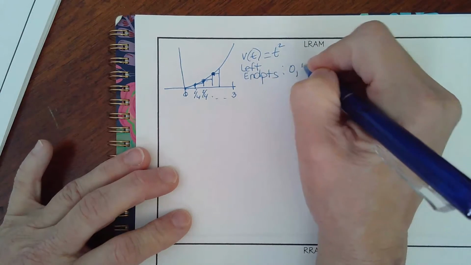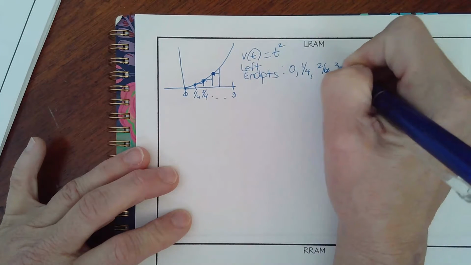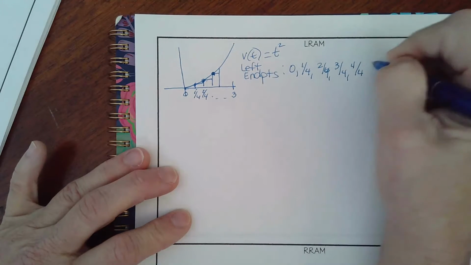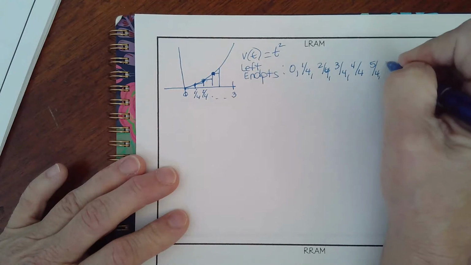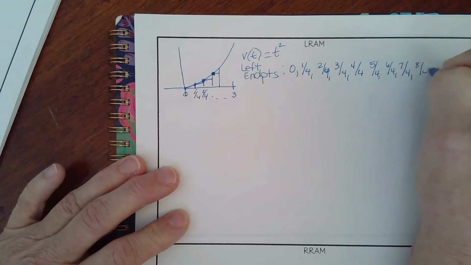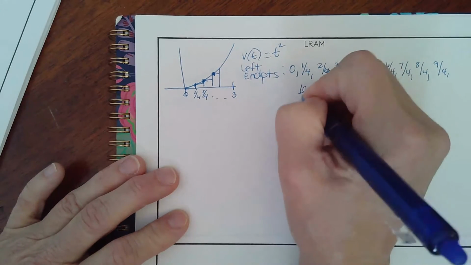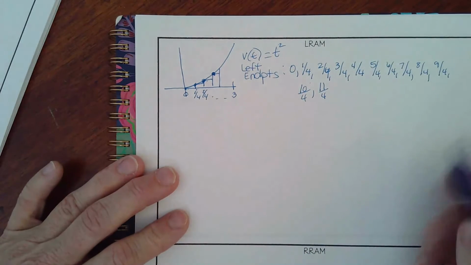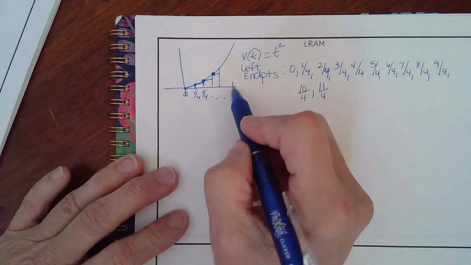Then my next one is 1/4, 2/4, 3/4, 4/4, 5/4, 6/4, 7/4, 8/4, 9/4, 10/4, 11/4, and that's where we stop, because 12/4 would be at 3.